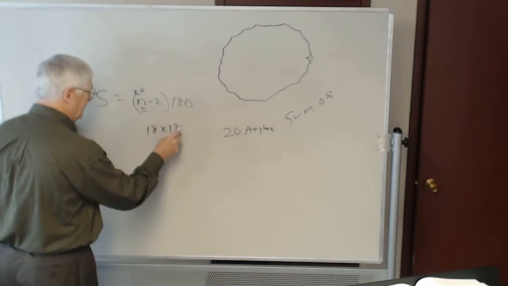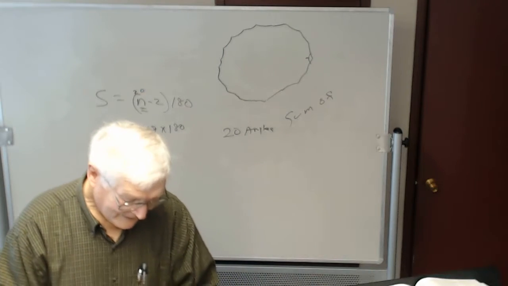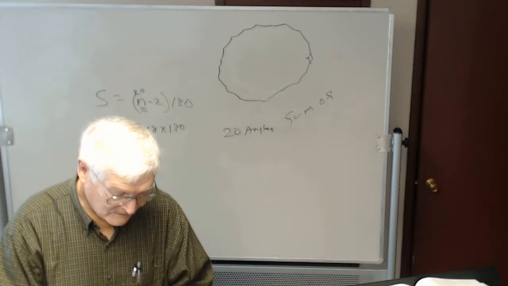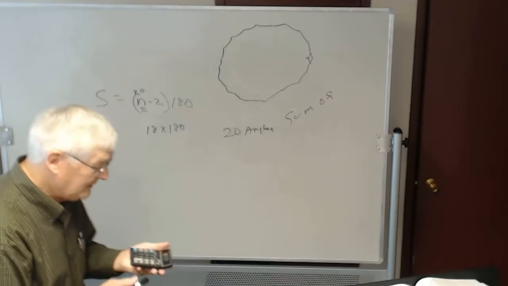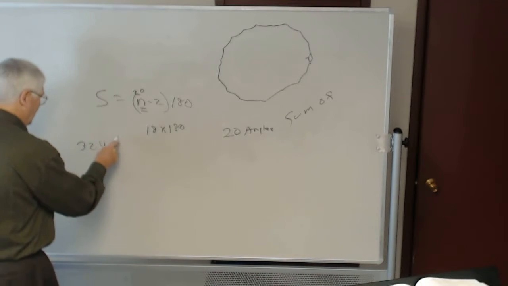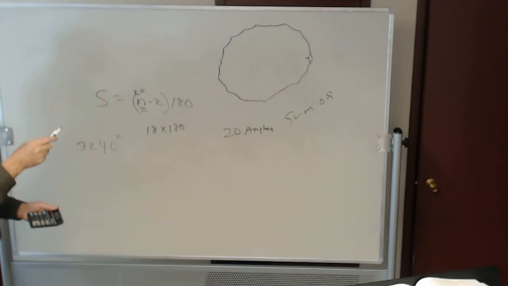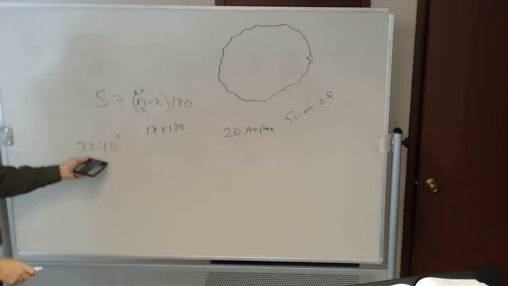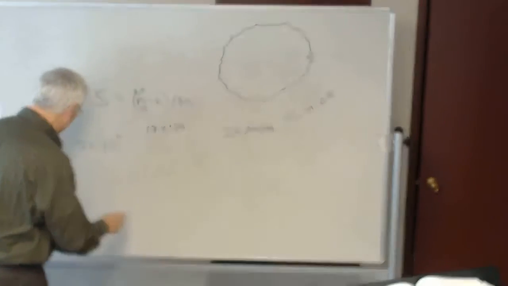What's 18 times 180? Oh, wow. 18 times 180 is 3,240. So the sum of all the angles of this 20-sided polygon is 3,240. So that little angle right up there, I'm just curious, what would that be?